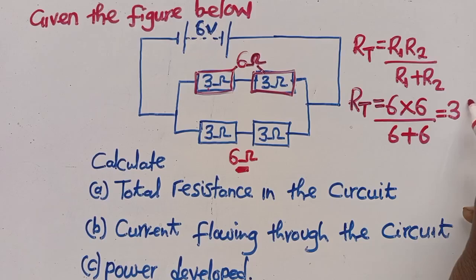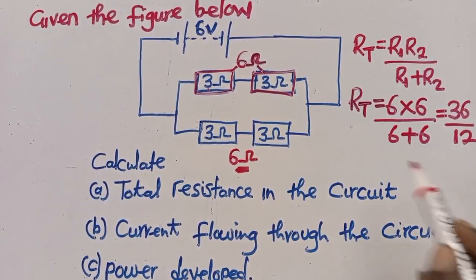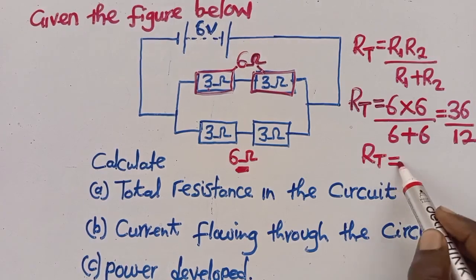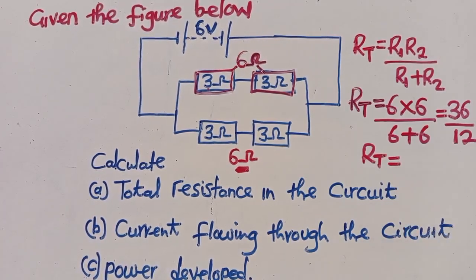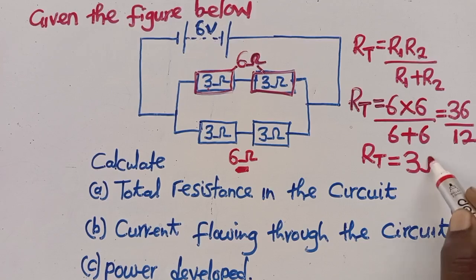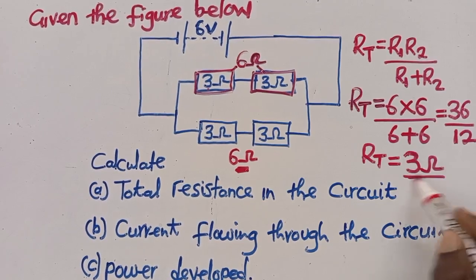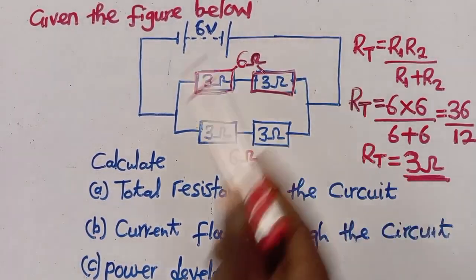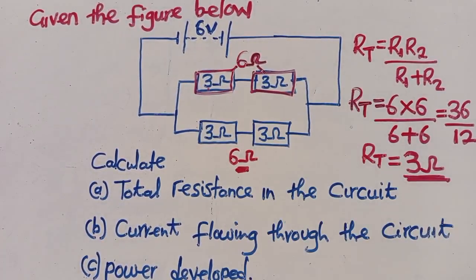That is 36, over, what is 6 plus 6? That is 12. So the total resistance in the circuit is 36 divided by 12, and the answer we get is 3. So 3 what? 3 ohms. This is the total resistance in this particular circuit.